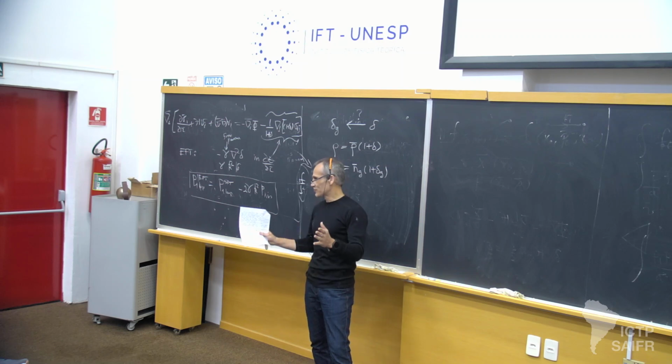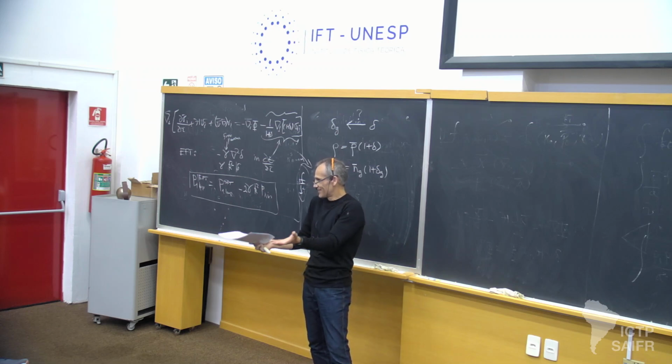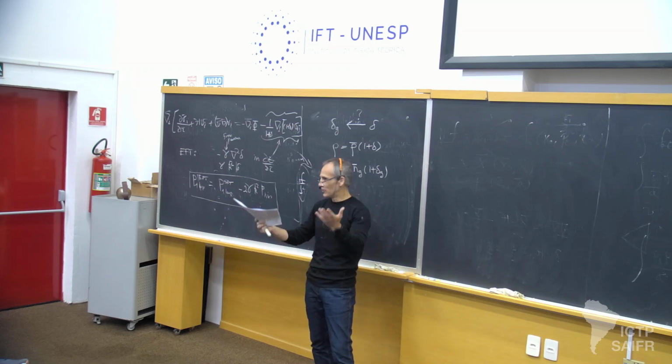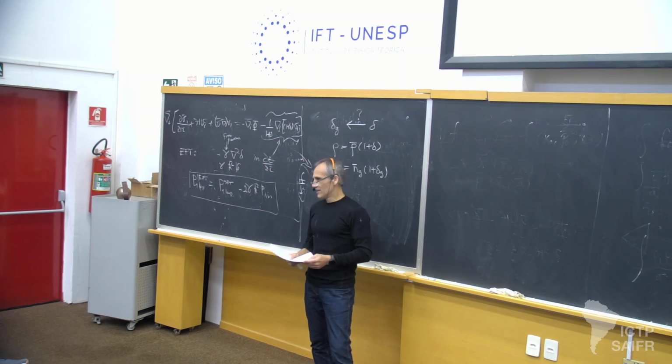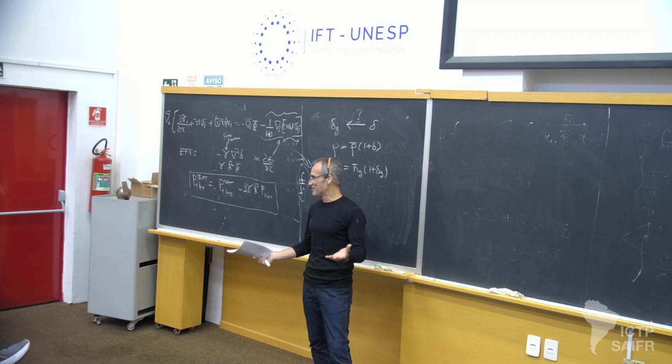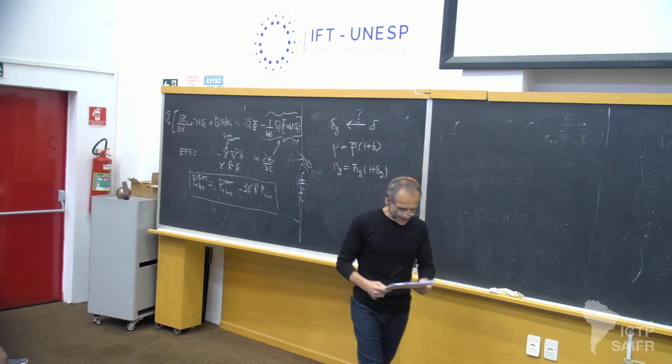And I asked a famous simulator, who shall remain nameless, do we have a way of predicting this? He's a very well-known expert on simulating galaxies. And he said, in 3 years, I will give you all the bias parameters. So this was 31 years ago. I'm still waiting, okay? So this is hard, okay?